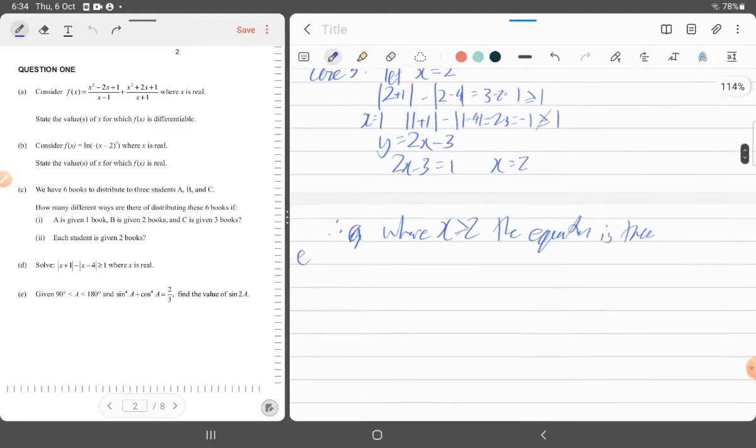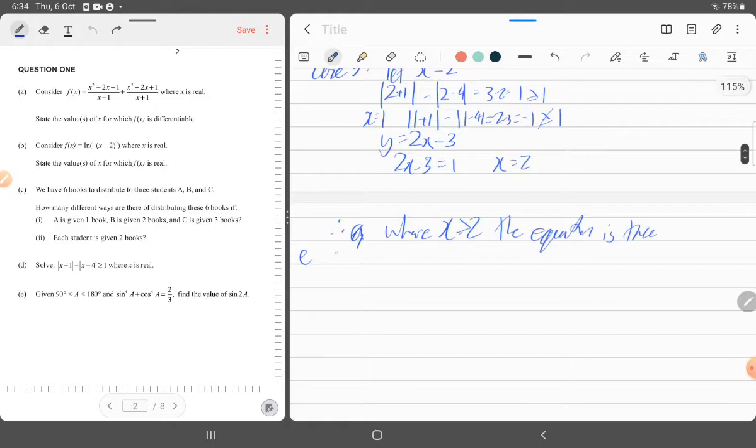So we can convert this into sine squared a plus cosine squared a all squared, minus 2 sine squared a cosine squared a, is equal to 2 over 3.